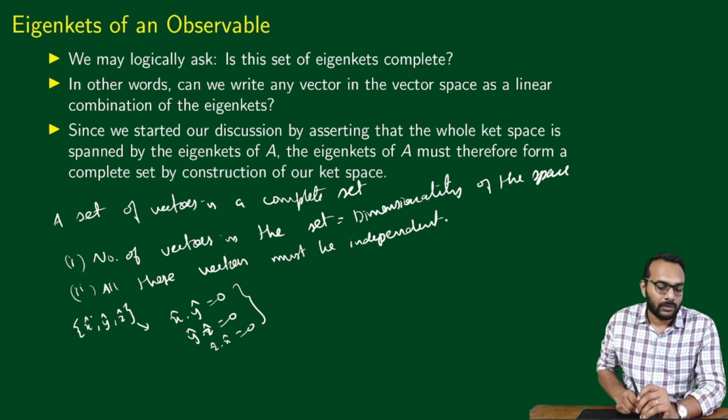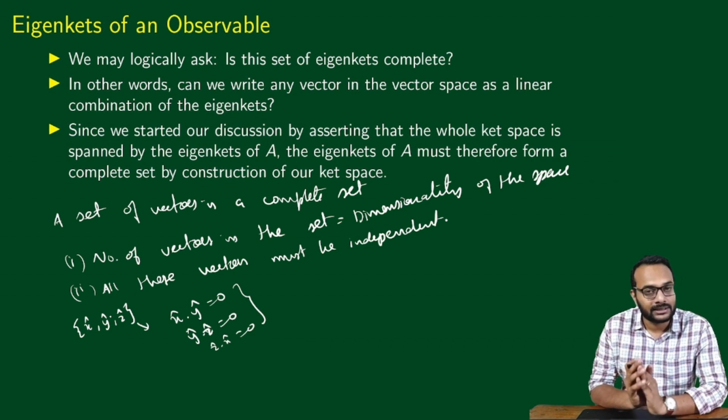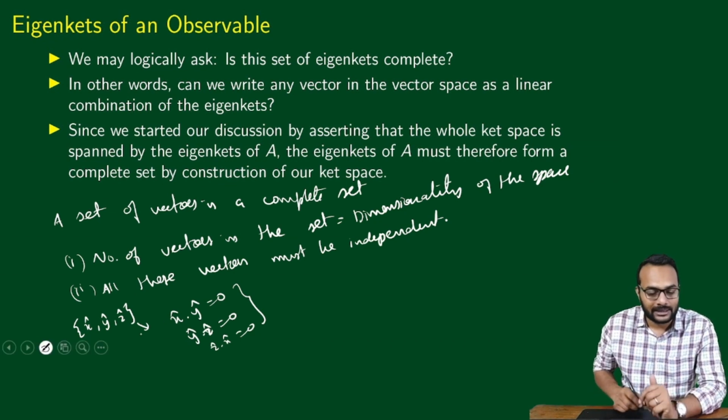One way to understand that this is independent is you cannot write x hat in terms of y hat and z hat. If you are able to write x hat in terms of y hat and z hat, then they wouldn't be independent. So these are 3 independent directions in the 3-dimensional Euclidean space. Now orthogonality guarantees that these are independent.